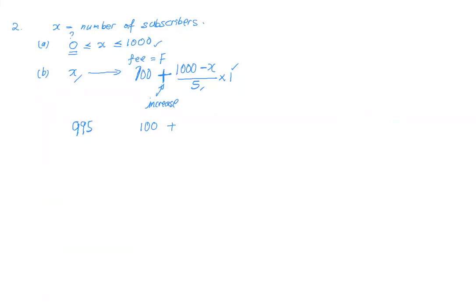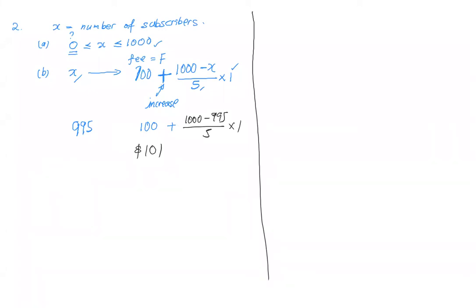So every drop by 5, the fee can increase by 1. So I take 1000 minus 995, divided by 5, times 1. That means now my monthly subscribing fee is 101. Do you get the idea? Okay, so that means the fee function is there already.